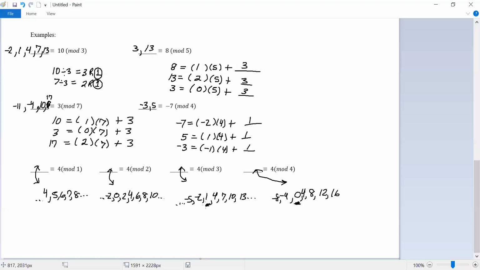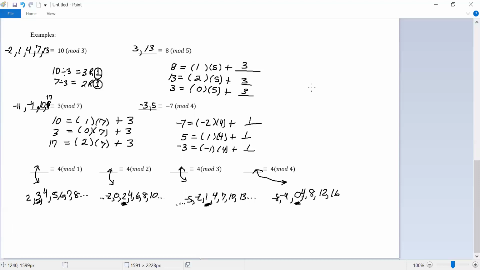Notice these all have a remainder of 1. These all have a remainder of 2. And I didn't go far enough for this one. All right, these all have a remainder of 3.